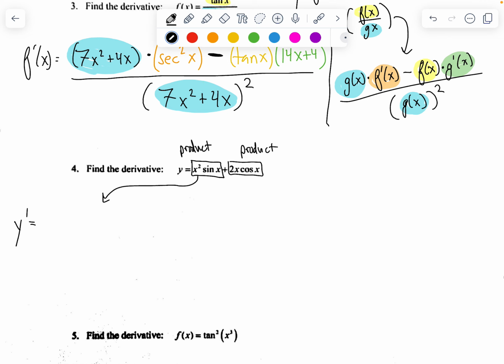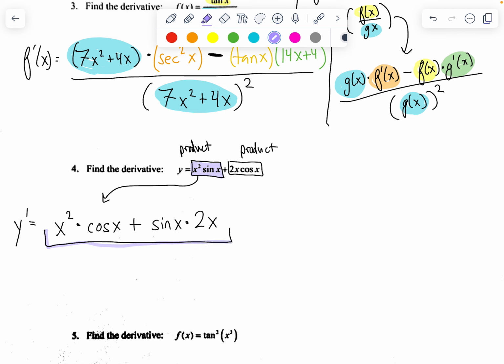Okay, for that first part, it's the beginning part times the derivative of the second part plus the second part times the derivative of the first part. So there's our first chunk right here. That's this purple chunk, right?